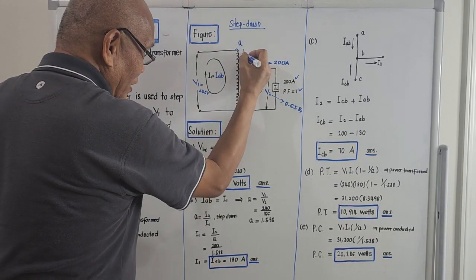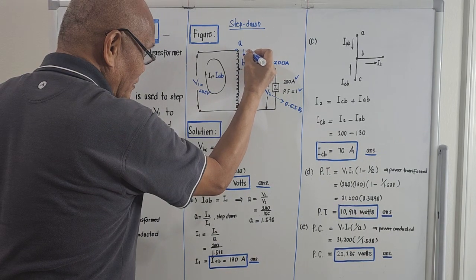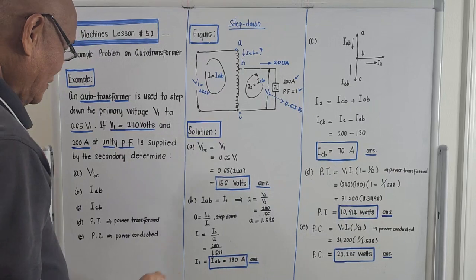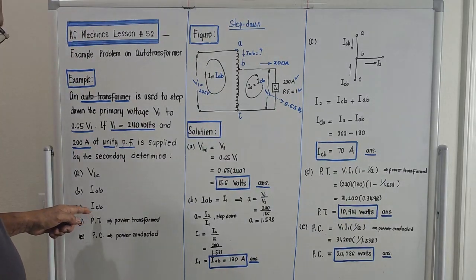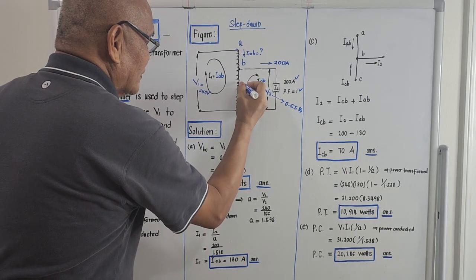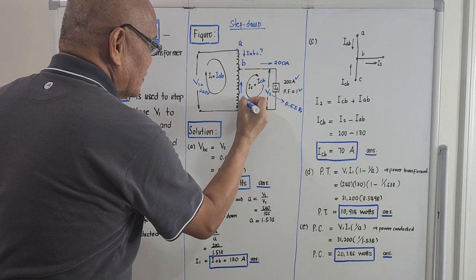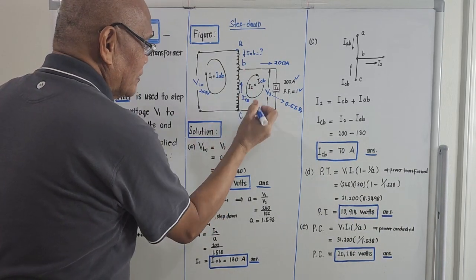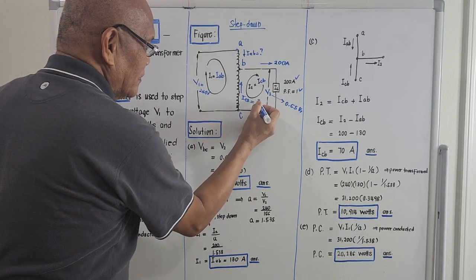We are asked for the current passing here. And the current passing through CB, the current I sub CB from C to B. What will be the current?